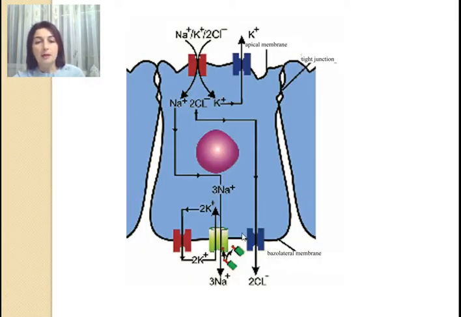In the basal part of these cells of, for example, kidney tubules, we have sodium-potassium pumps. Here we can see the mechanism of absorption. In the basal part, we have the sodium-potassium pump through which 3 sodiums go out of the cell and 2 potassiums enter the cell.